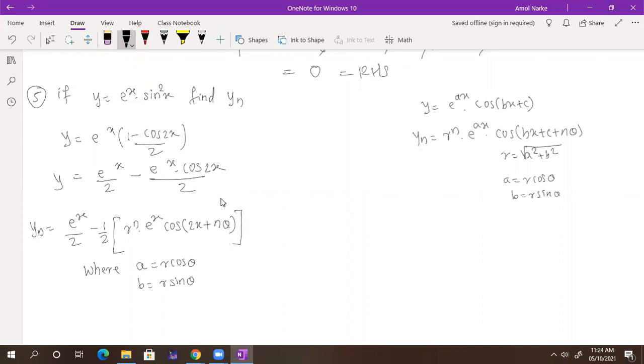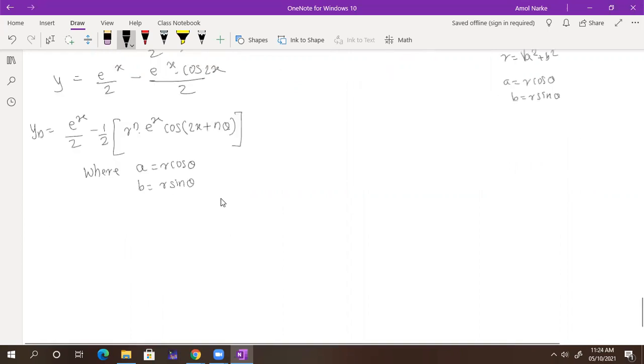So your yn becomes e raised to x; I can take divided by 2 as common. Here I am left with 1 minus 1 by 2, e raised to x already gone. Here r raised to n, but what is r? r is the square root of a square plus b square. I write it as it is, into cos of (2x plus n theta).